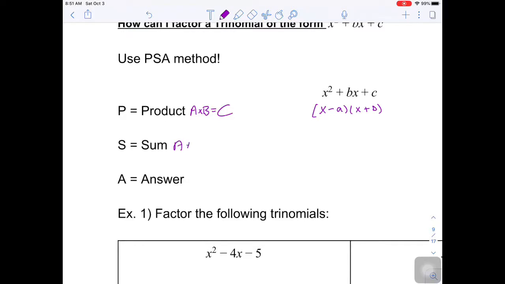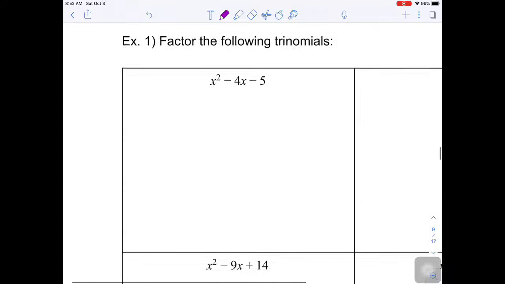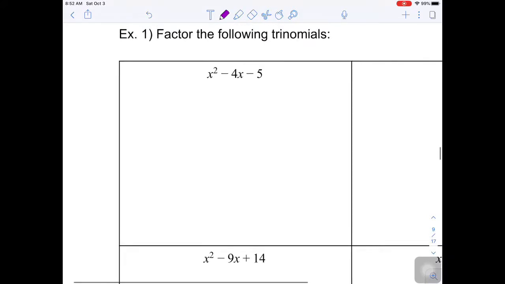So a plus b equals b in this case. And your answers would have to be these same two numbers, so recognize you're dealing with the same values, a and b. That might be kind of confusing right now, but let's move forward and show what that means.